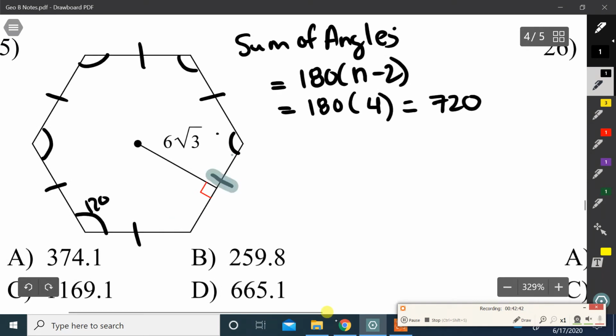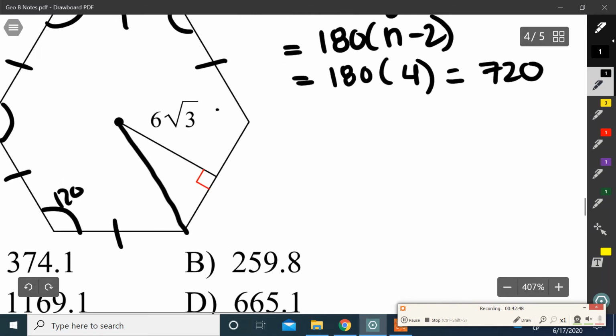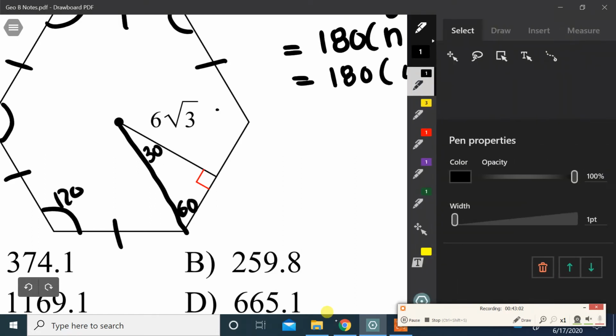So now let's talk about the triangle here. I'm going to create a triangle there, and I'm going to use special right triangles. So if this whole thing was 120, that means that this right here was 60, which means that this is 30.